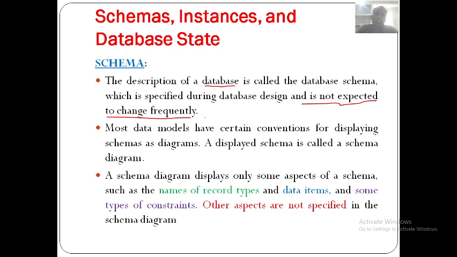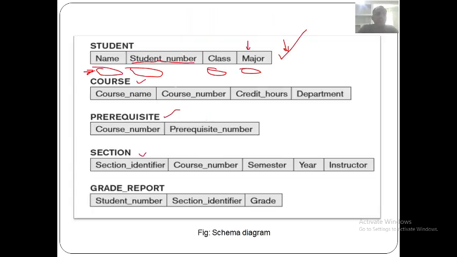Then why do we need not to change? Because see here now, suppose this student table has these things. I have entered 10,000 values for this. First row is first student information, second row second student information, like this 10,000 student records I have added.